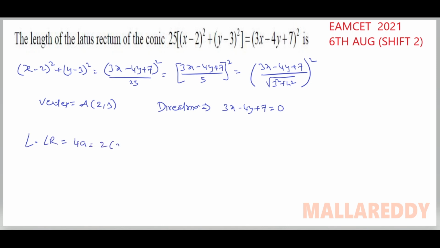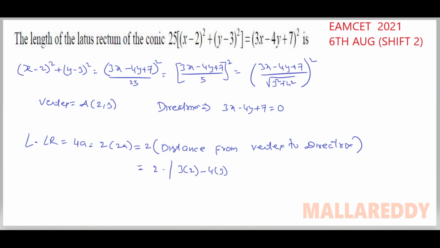This is equal to 2 into 2a, that is 2 into the distance from vertex to directrix, that is 2 into modulus of 3 into 2 minus 4 into 3 plus 7 by under root of 3 square plus 4 square, that is 2 into 6 minus 12 plus 7, that is 1 by 5, that is equal to 2 by 5. This is the length of the latus rectum.